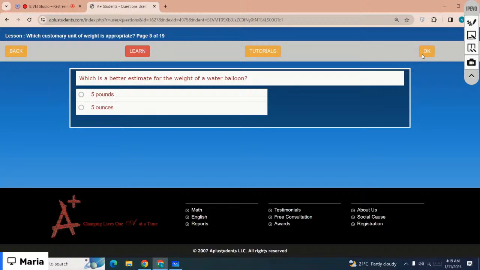The correct option is for a water balloon, right? So that would be 5 ounces. The correct option is 5 ounces.